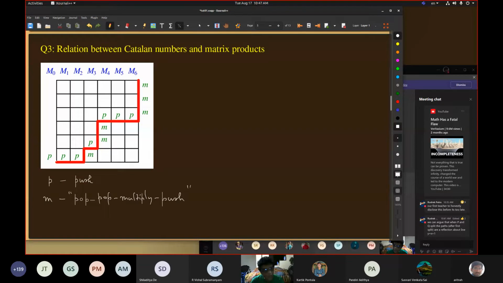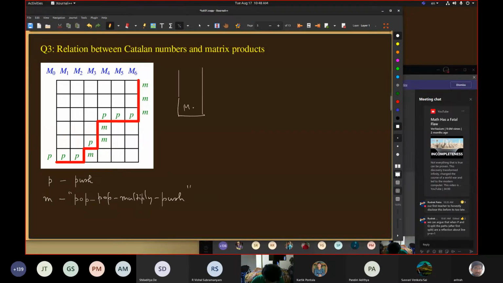Then, whenever I have a right movement, I will look at this. So this is M1. I will push M1. Now I see M2, and once again a right movement, so I will push M2. So the stack at this point will be something like this.